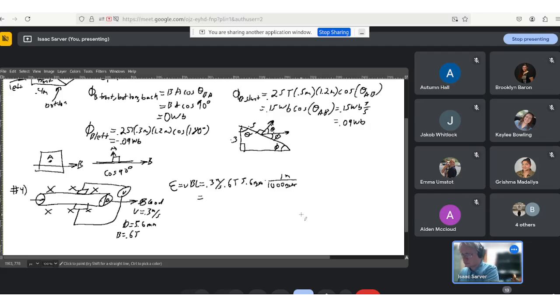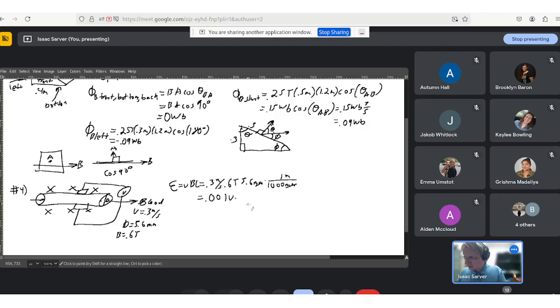So I suppose that's a volt. So 0.3 times 0.6 times 5.6 divided by 1,000, and we get a tiny little number, 0.001 volts.